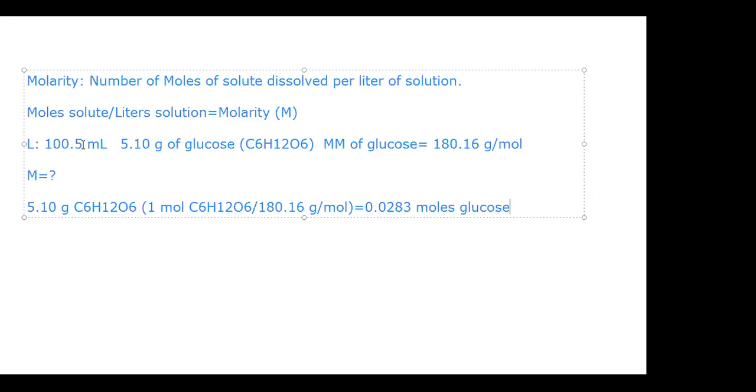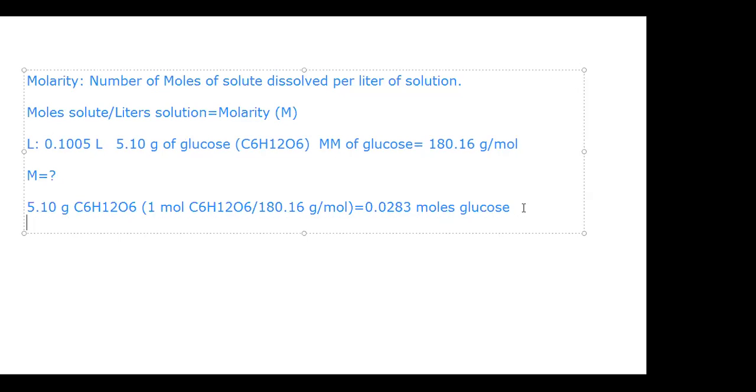Milliliters. Yeah, perfect. And so what we do is we move the decimal 1, 2, 3. So this is actually going to be 0.1005 liters. Okay, easy enough. Now we come back down here.